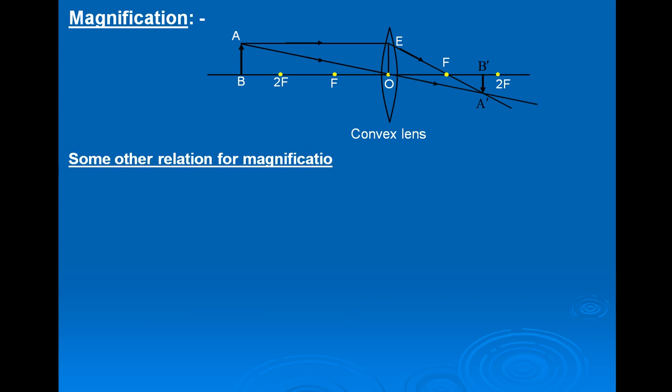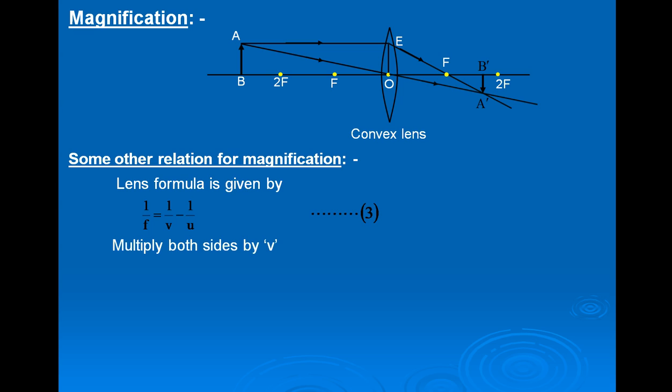Some other relation for magnification. Now lens formula is given by 1 upon f is equal to 1 upon v minus 1 upon u. Put this equation number 3. Now multiply equation 3 both sides by v. We get v upon f is equal to v upon v minus v upon u. Now v cancel each other, so we get v upon f is equal to 1 minus v upon u.